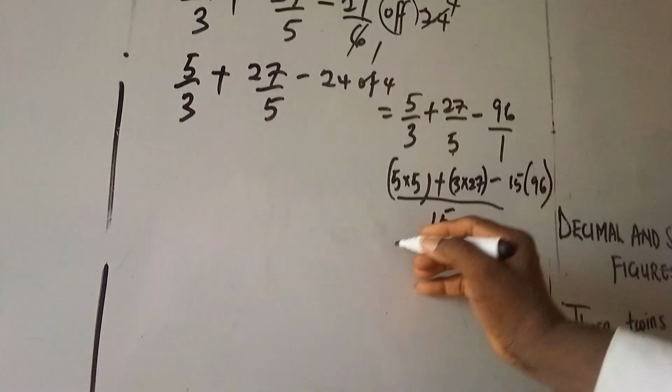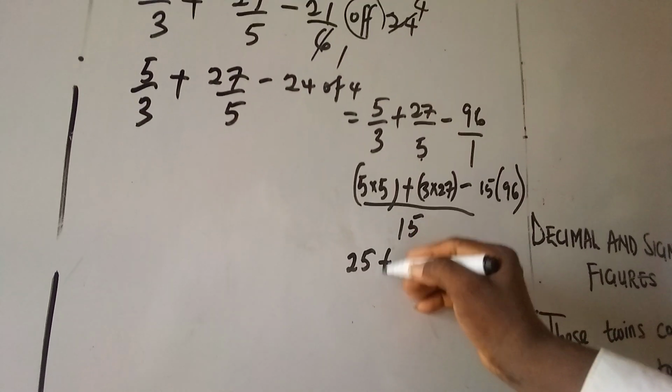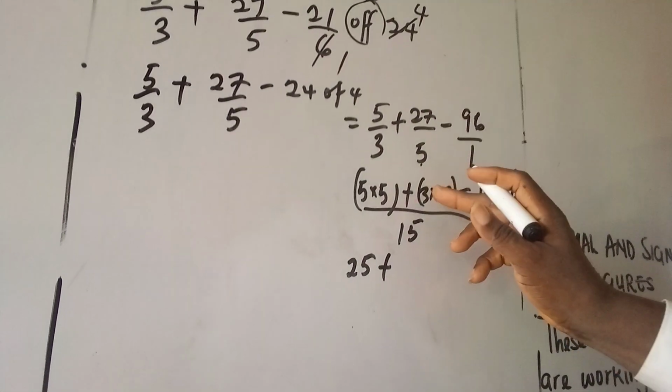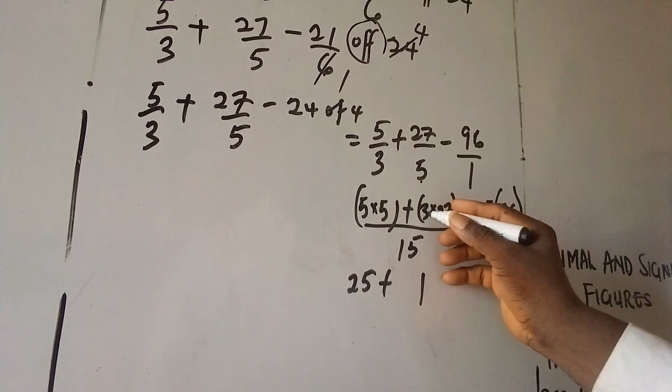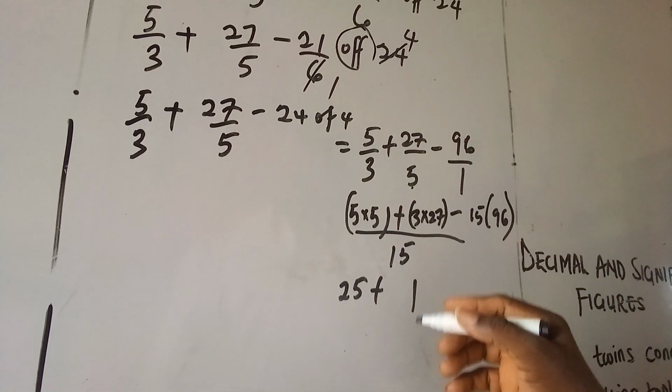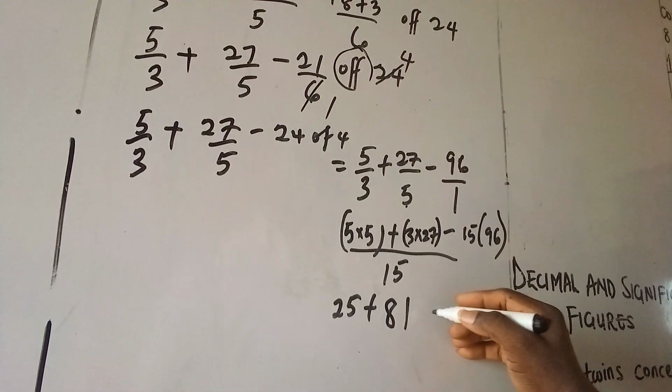All right, so this is 25 plus 3 times 7, 1, that's 21, carry 2. 3 times 2 is 6, that's 81.